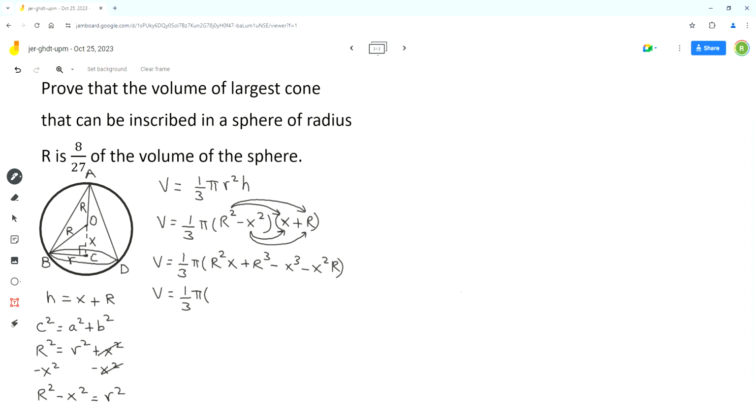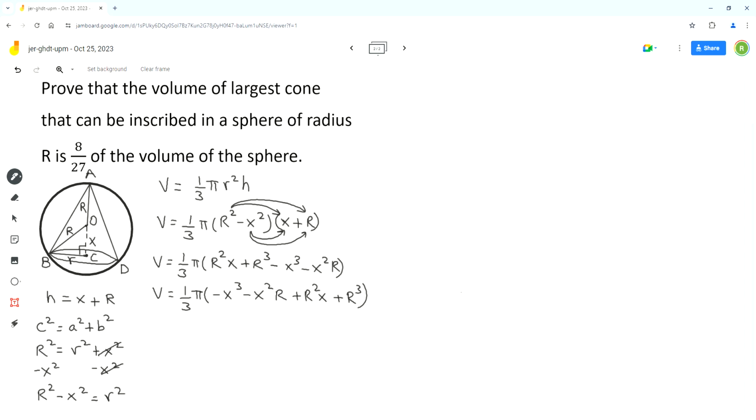Now we can rearrange the terms in the parentheses starting with x cubed. So this is the expression for volume in terms of x.